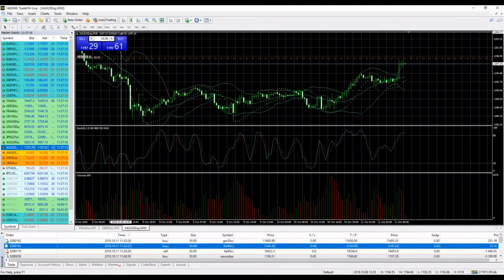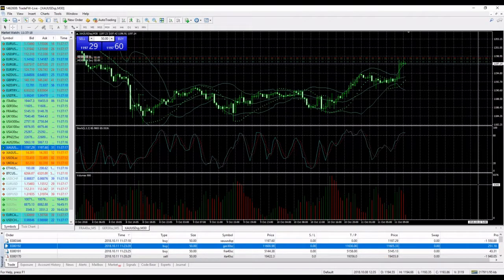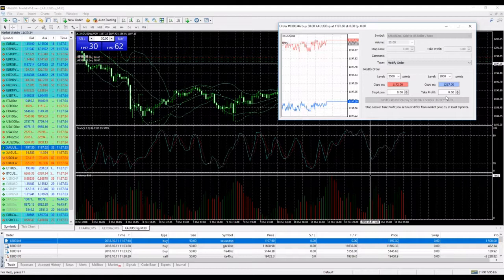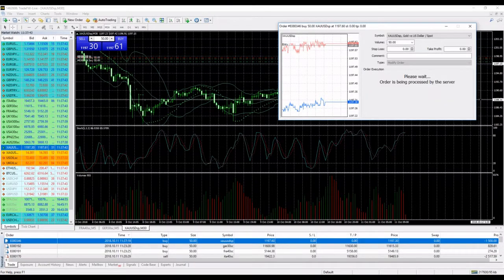Yes guys, I'm buying gold again. Here we go. I just bought gold again, and I will go for a 50 pips move. I entered at 1,197.60, and I will exit at 1,198.10. This is the point where I will exit it.